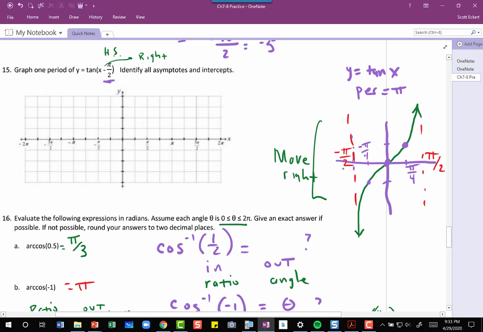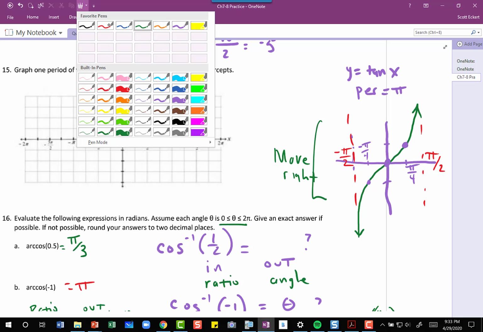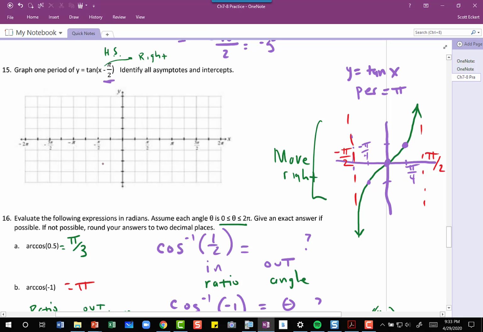For the standard tangent, I would have an asymptote at pi halves, but I'm moving it to the right, so that first asymptote is now going to be at 0.